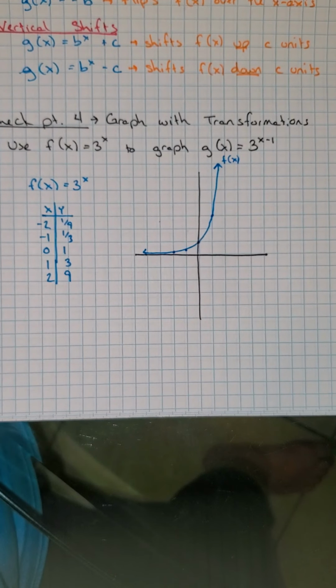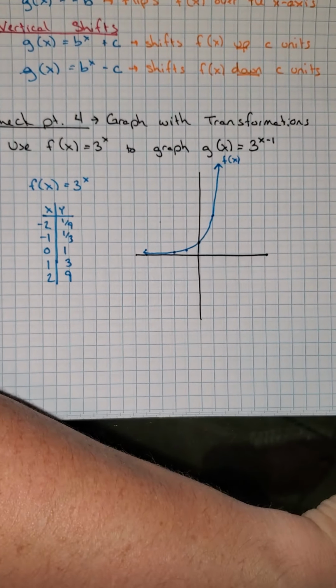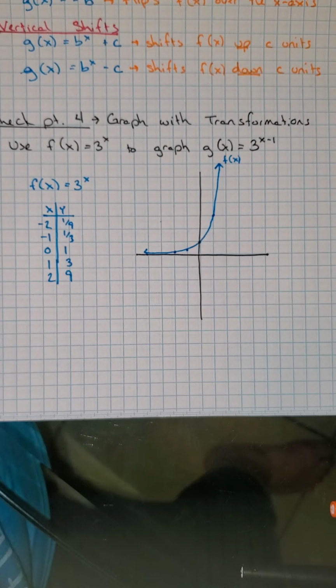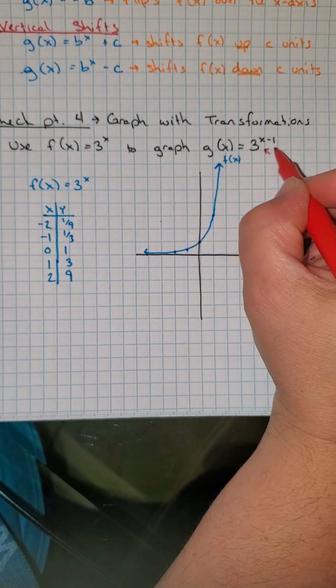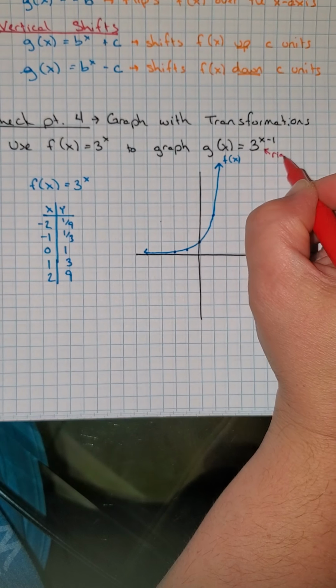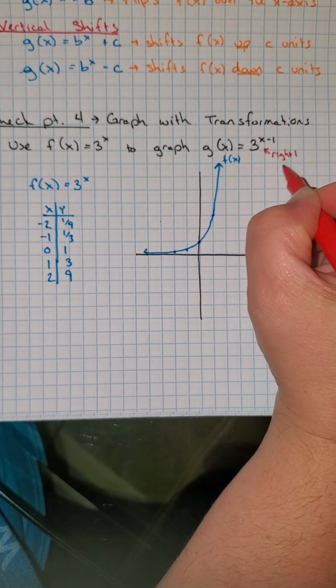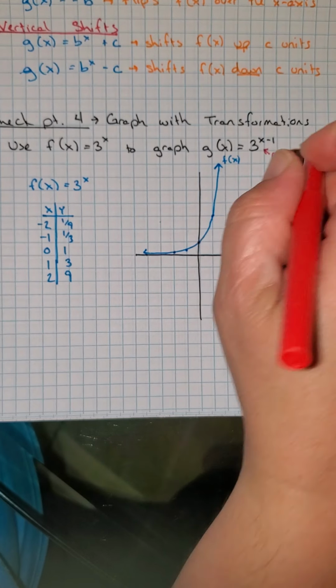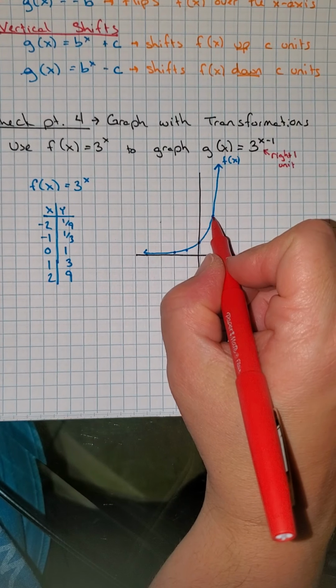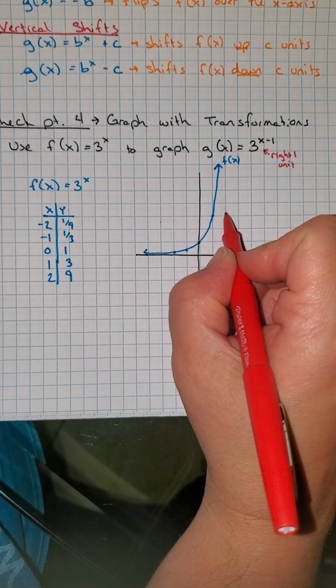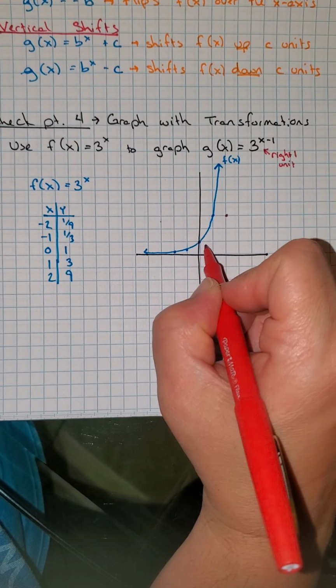Now 3 to the x minus 1. It's got a minus 1 up in the exponent. So that means we're going to go right c units, or 1 unit, sorry. So I only plotted 4 of the points. So each of my 4 points will go to the right 1 unit.